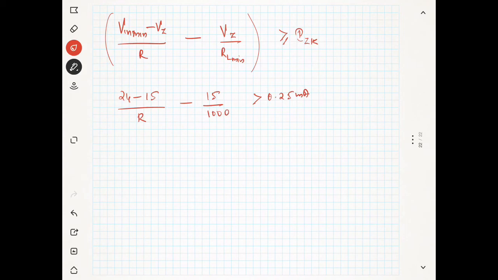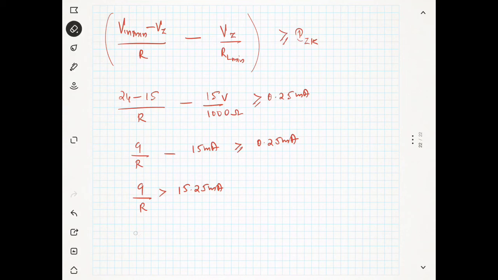So you will get here 9 over R minus 15 milliampere should be greater than, this is ohm, this is volt, so this becomes 15 milliampere, so 0.25 milliampere. That means 9 over R should be greater than or equal to 15.25 milliampere.